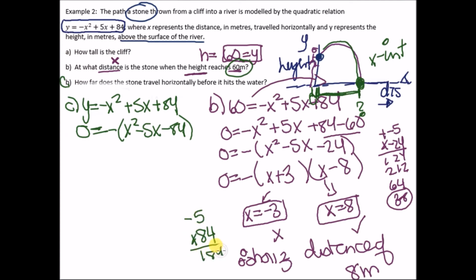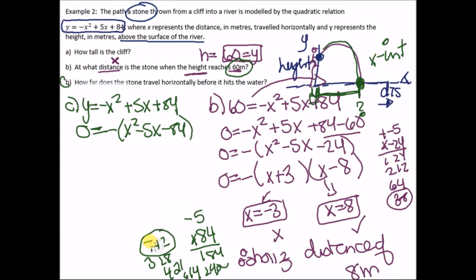1 and 84, 2 and 42, 3 and 28, 4 and 21, 6 and 14, not there yet. And 7 and 12. So 7 and 12 is definitely it. The difference between 7 and 12 is 5.